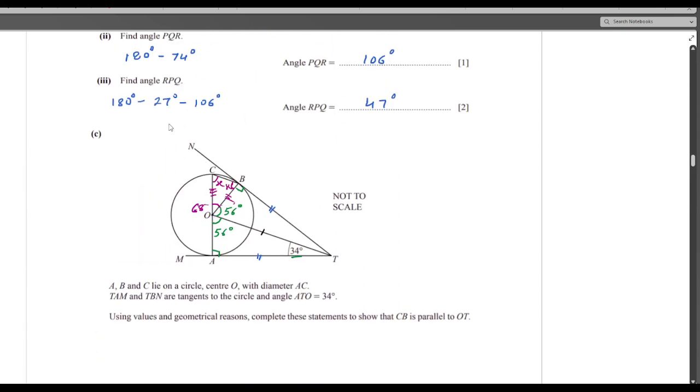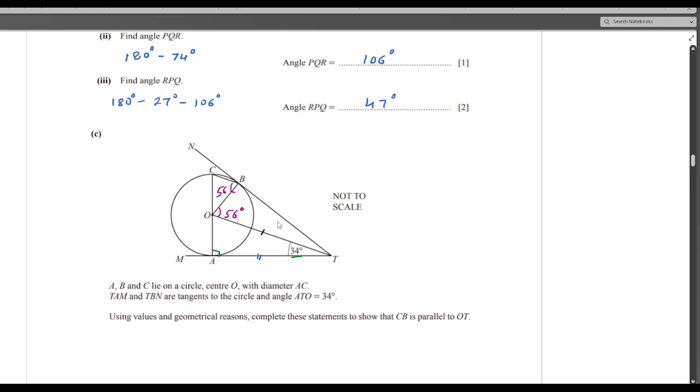Now here I will remove all these things. Now we understood that here we have 56 degrees, here angle C is also 56, and here we also have 56 degrees. So for BC, you can consider this angle as 56 and this angle as 56.